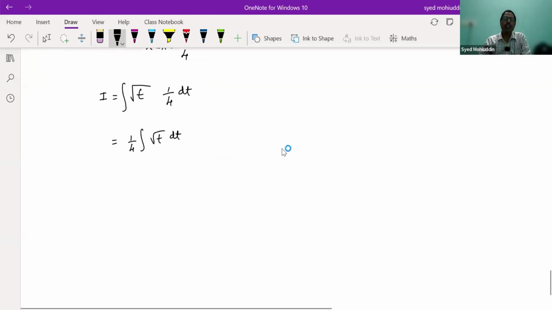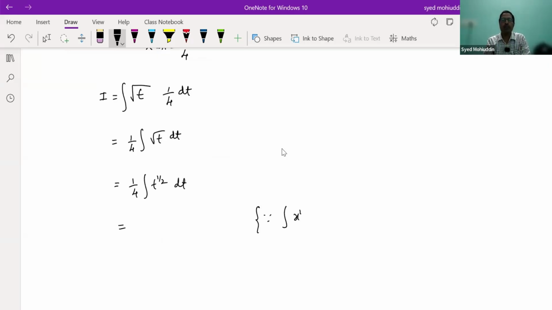Now the question is, again, similar to the previous problem. So I need to write this as t power of half into dt and use the same formula that I have shown you. Integral of x power of n into dx is nothing but x power of n plus 1 by n plus 1, plus the constant. If you use that, it becomes t power of half plus 1 by half plus 1, plus the constant of integration c.